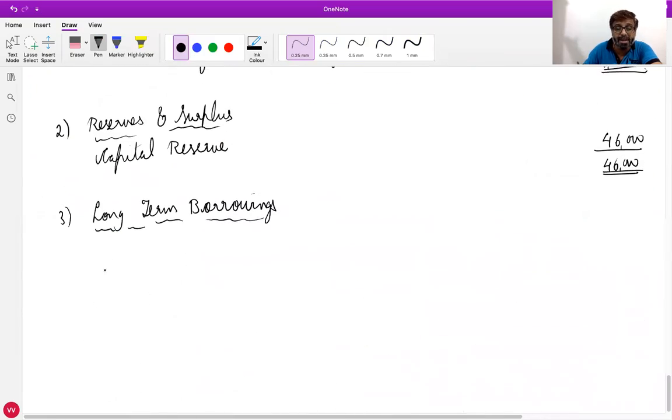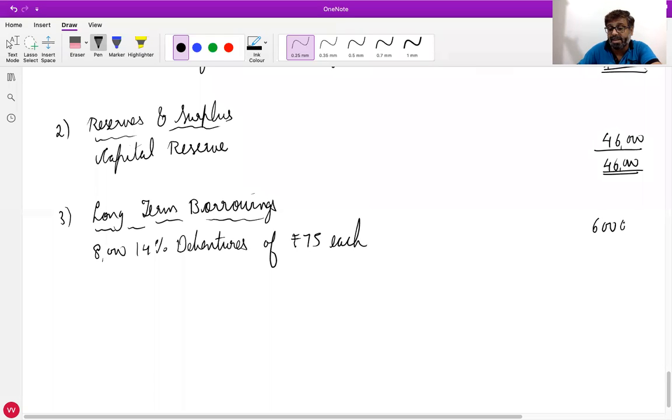So all of you will write 8,000, 14% debentures instead of 12%, face value 75 each, 6 lakhs. Is everyone clear with this? Any doubt up till here?